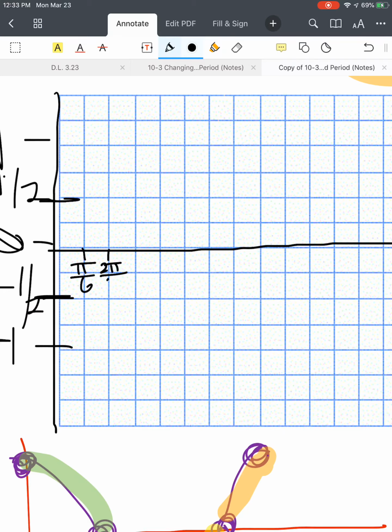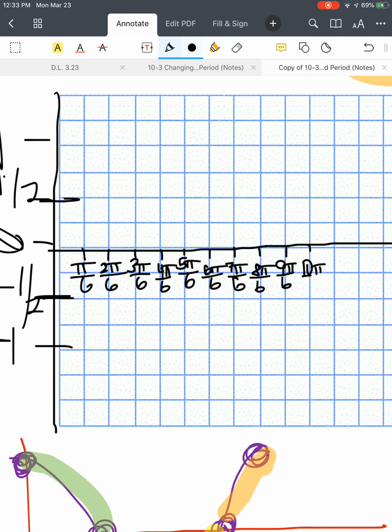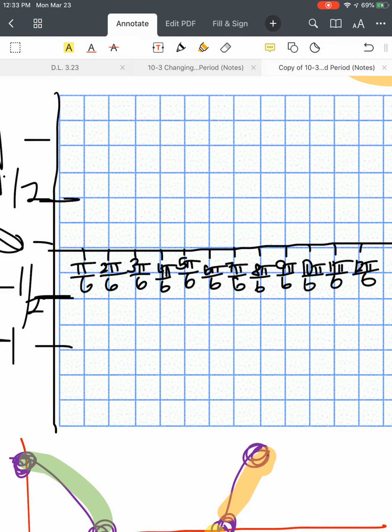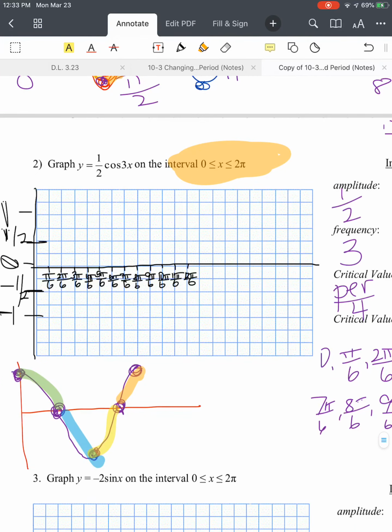I'm actually not going to reduce them this time, just so you could see that that's okay. 3 pi over 6, 4 pi over 6, 5 pi over 6, 6 pi over 6, 7 pi over 6, 8 pi over 6, 9 pi over 6, 10 pi over 6, 11 pi over 6, 12 pi over 6. Now, sometimes you can skip boxes and spread it out. I wasn't sure if I would make it, so I didn't do that for this one.